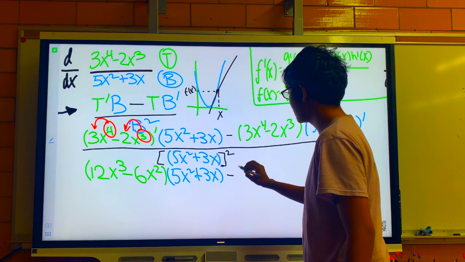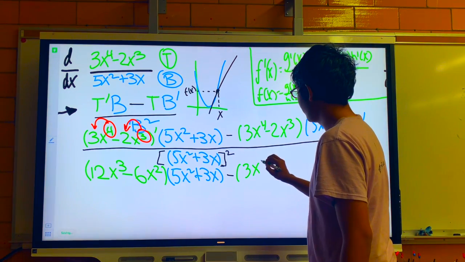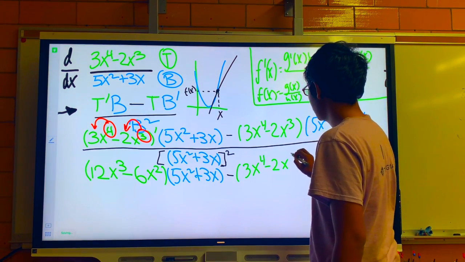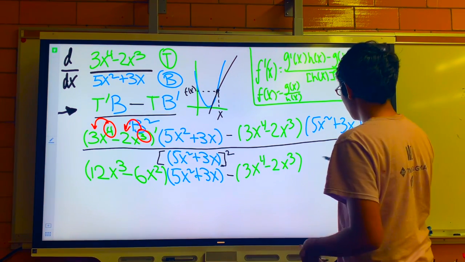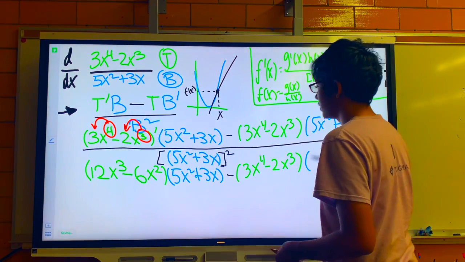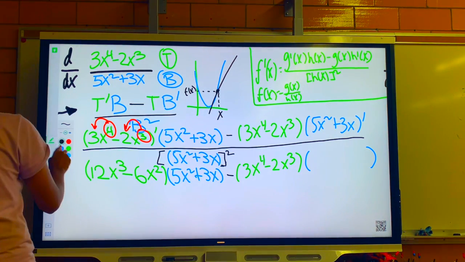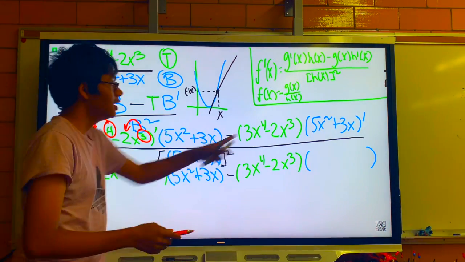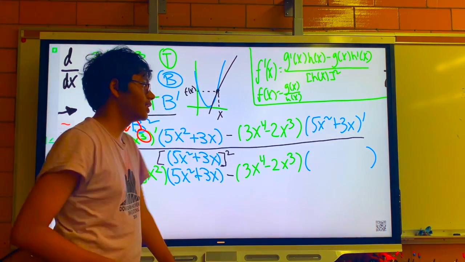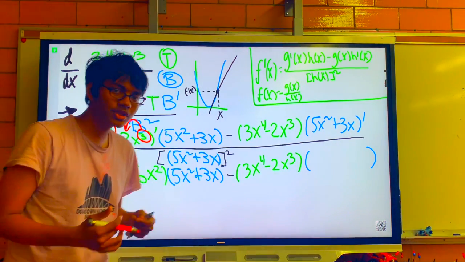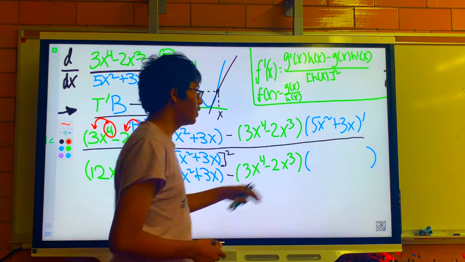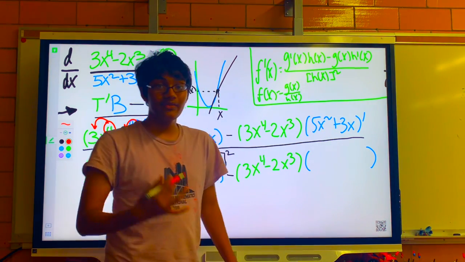But let's first write out the top function. 3x to the 4 minus 2x cubed, and multiply that by whatever the derivative of our bottom function is going to be. So let's get our red pen here. So how do we compute the derivative of this polynomial? Well, just like we did with this one, we're going to start by using the power rule. Why? Because you have a power here, you have an exponent.